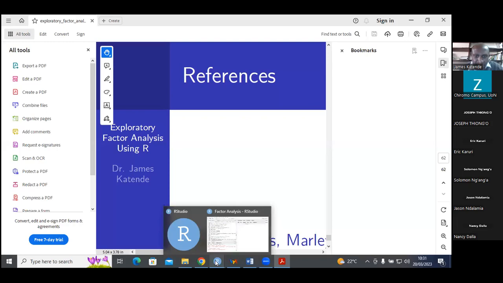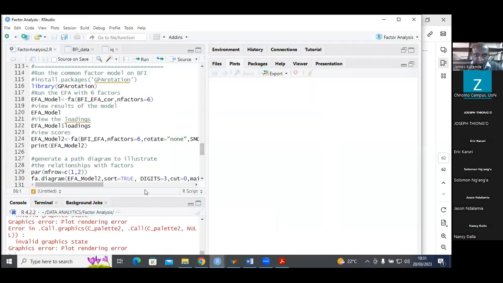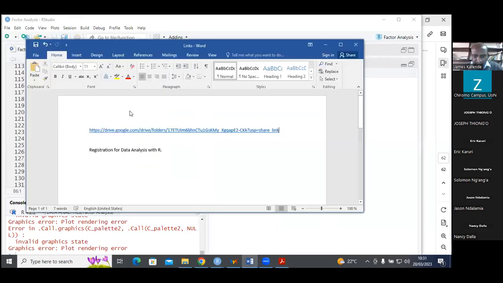So I will switch to the R software. The files are available in this Google folder. I think I'll put the folder in the chat.